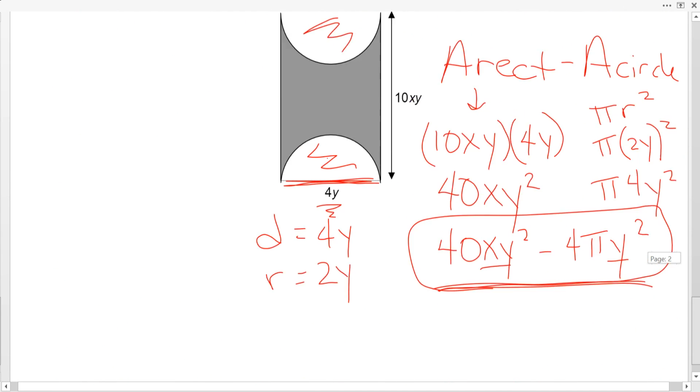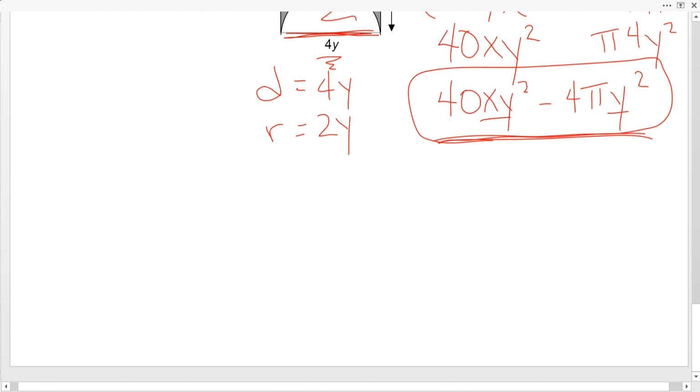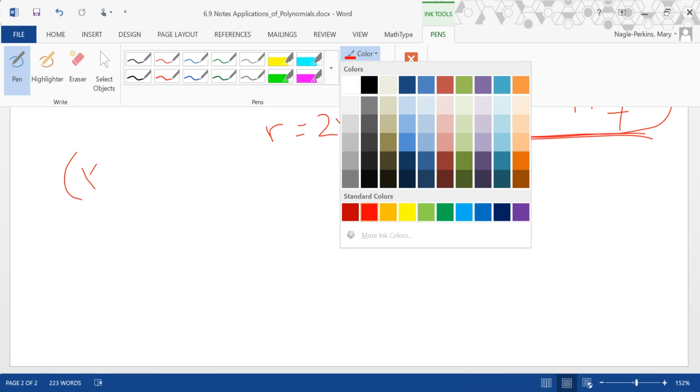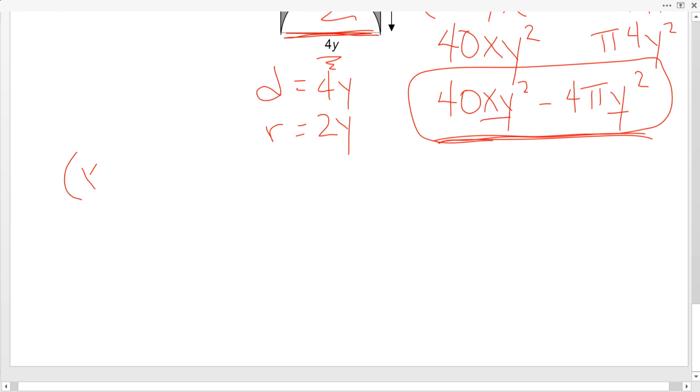So hopefully it's the same thing we were already doing. And if you think about it, when you have, I'll just pick another color just because I can. Okay, green. Okay, so here's the deal.